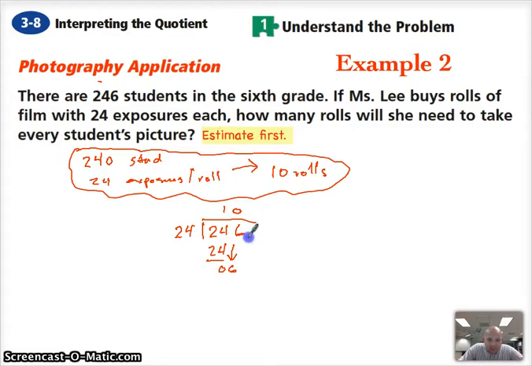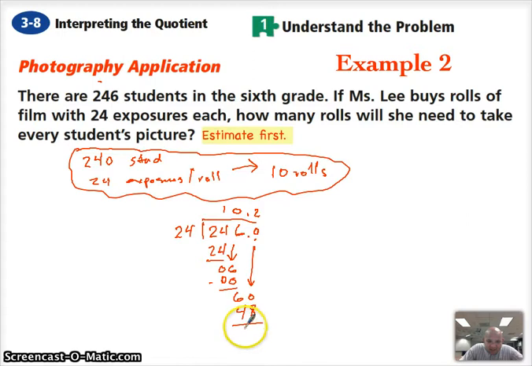And then I'm going to put a decimal point in the dividend and the quotient because I'm going to add a 0, which doesn't change the value at all in the dividend. When I bring down, let me go ahead and subtract the zeros here. When I bring down that 0, how many 24s go into 0? Well, there's 2 of them. That's 48.